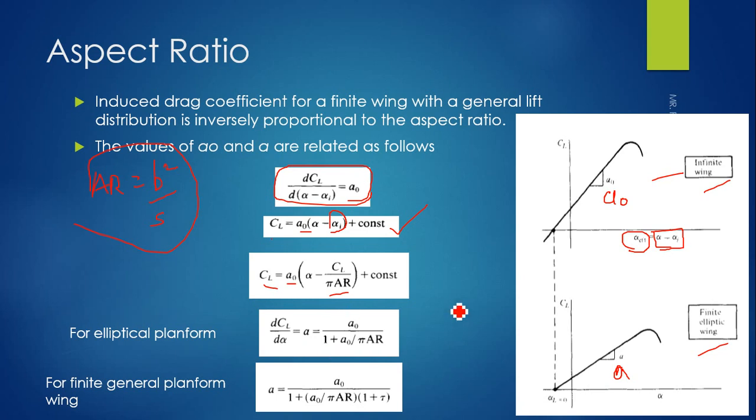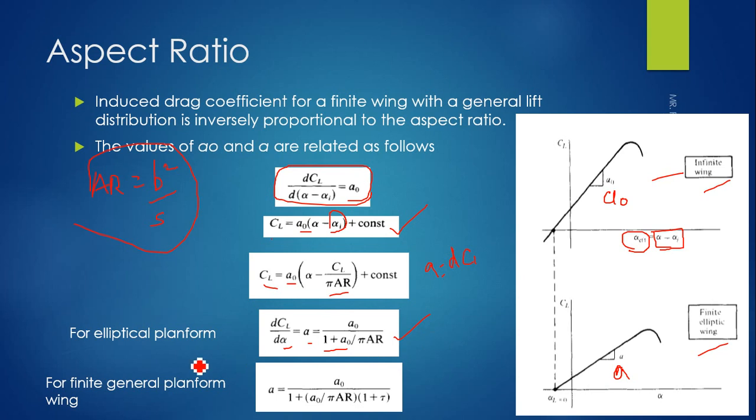So for a, what we need to do is calculate the lift curve slope only. In order to calculate the lift curve slope, the formula is a equal to dCl divided by d alpha. While differentiating with respect to alpha, we will get a equal to a naught divided by 1 plus a naught divided by pi AR.